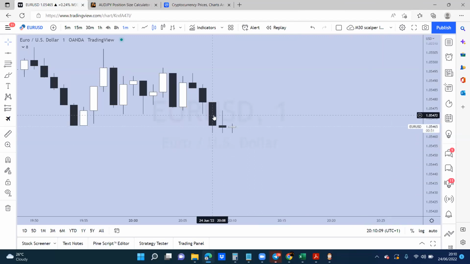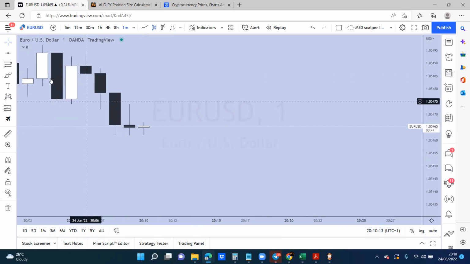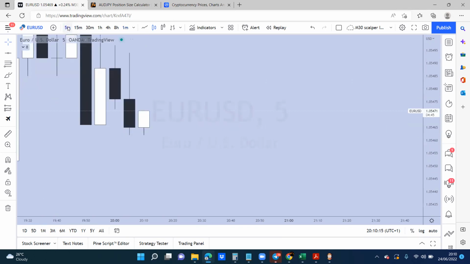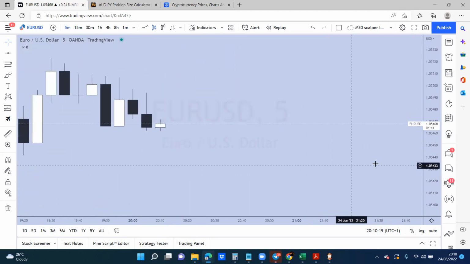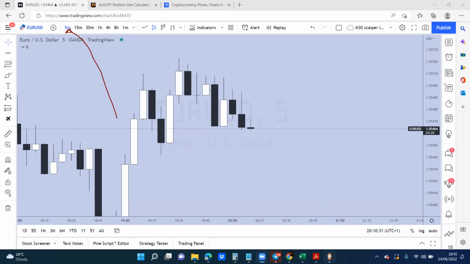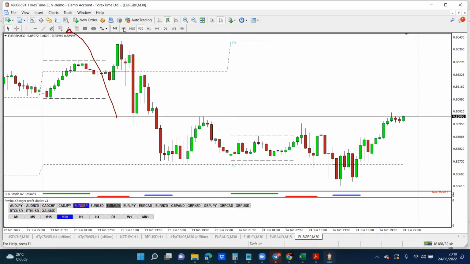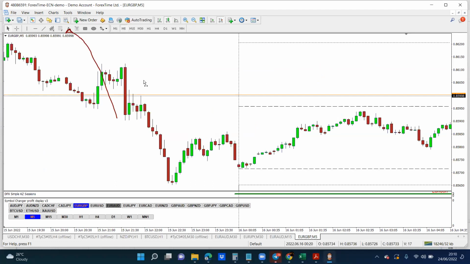I'm going to use the 5 minutes candle. Okay, maybe I should explain time frame before we proceed. When we say time frame, like for instance, this is 5 minutes, and you can see 5 minutes here. By the way, I'm not using an MT4, right? On an MT4, I explained yesterday, you could pick your time frame by simply coming here, and here I can click on 5 minutes, right?